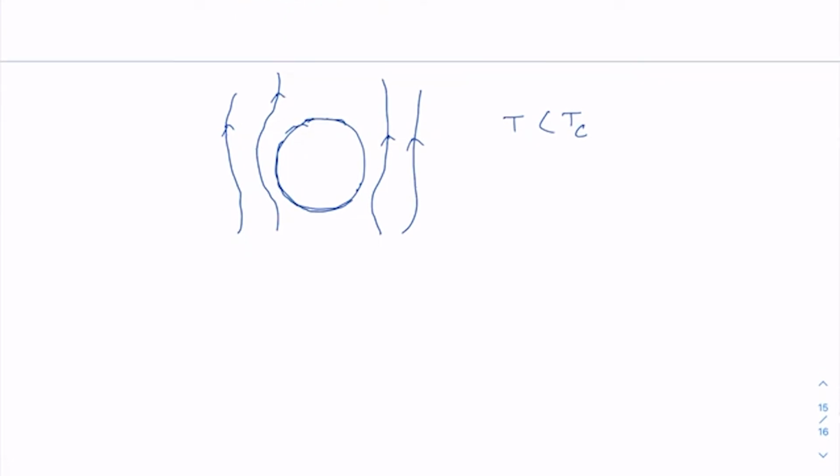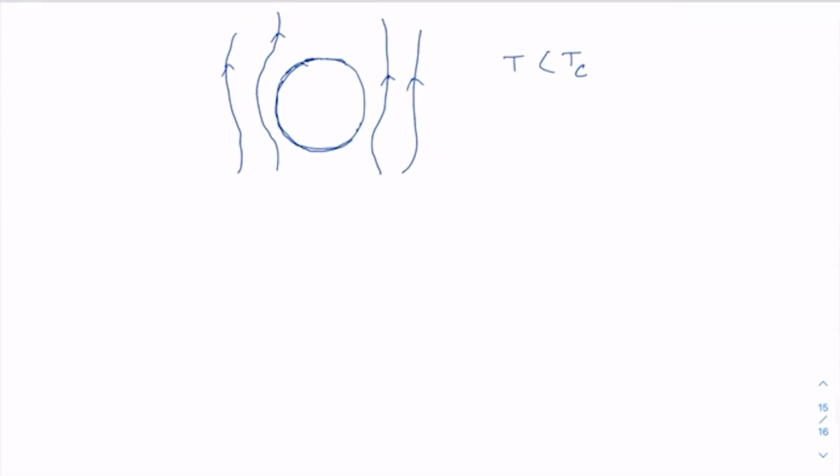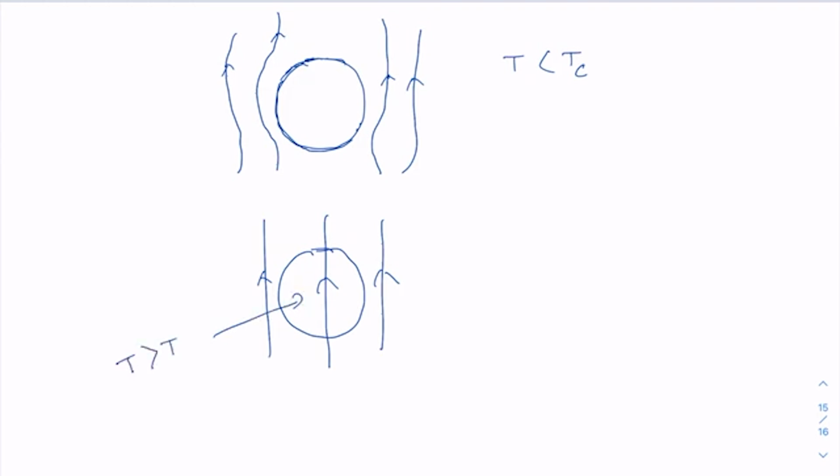Actually, either you can have a metal which is already cooled below Tc, and then you switch on the magnetic field, or you already have the magnetic field switched on and you have this normal metal at T greater than Tc, but now you reduce the temperature of this metal.